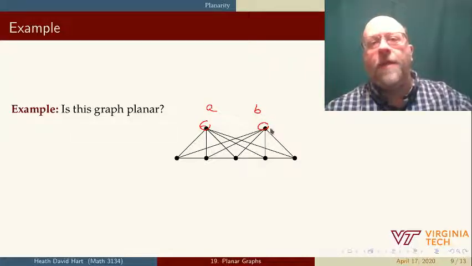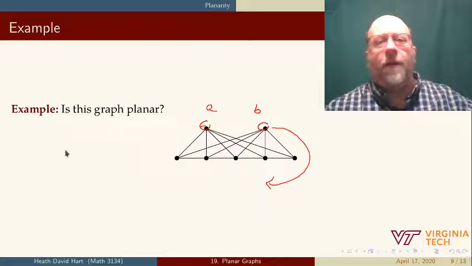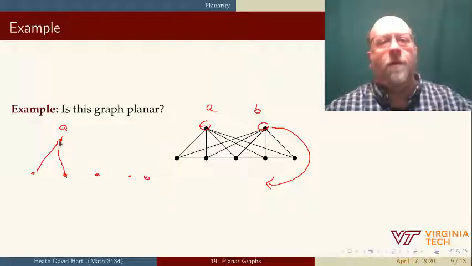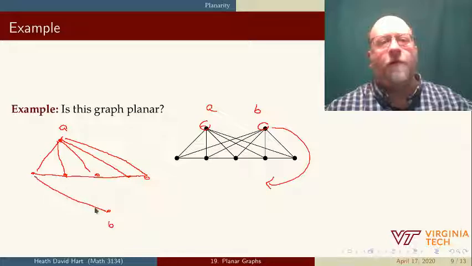What if I took B and flipped it down here so that A connects to these vertices, and then B is down here and it connects upwards to these vertices also? Would that work?